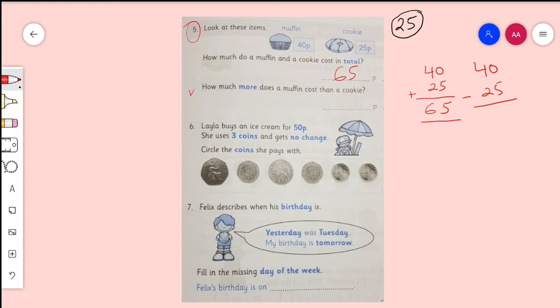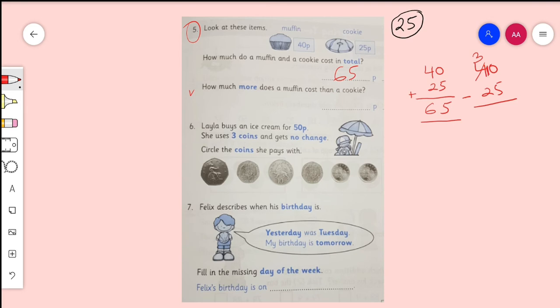So 0 take away 5 is not possible. So the 0 will ask its 10 neighbor, can you lend me a 1? And the 10 will say okay, let me check below myself, and it looks it's 2. It says yes, that's smaller than me, no issue, I can lend you 1. So the 4 becomes 3 and it gives 1 here. So now it becomes 10.